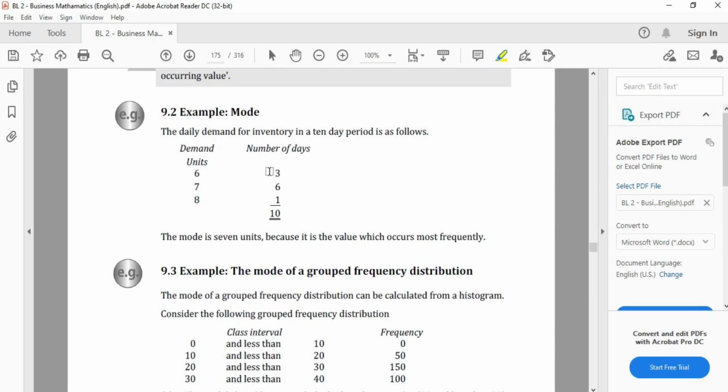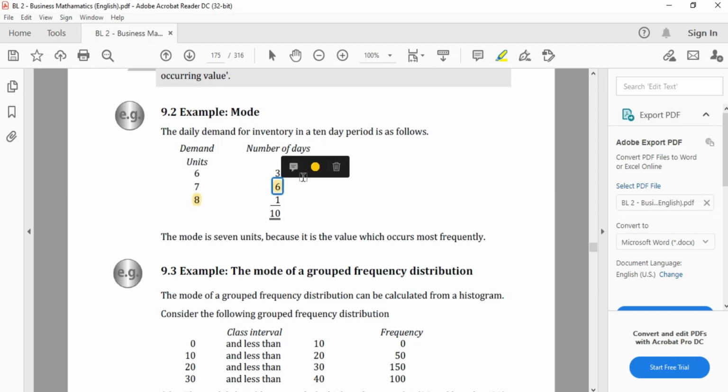We received on 3 days a demand of 6 units. Day 1 also we received 6 units, day 2 also, day 3 also. Therefore, for 3 days we received 6 units, and for 6 days we received 7 units. 1 day only we received 8 units.